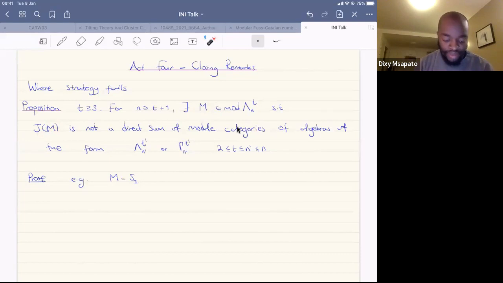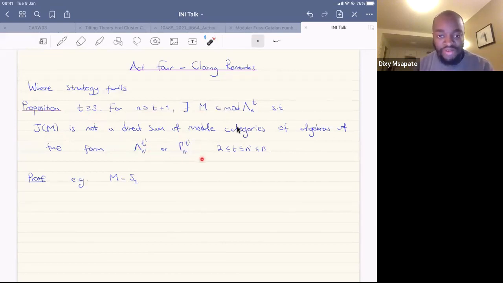And in all of our cases, the tau perpendicular category of M was just a direct sum of module categories of algebras of the form lambda m prime t prime, or the form gamma m prime t. In the other cases, particularly when t is greater than 3, n is greater than t plus 1, there exists some module M such that the tau perpendicular category of M is not a direct sum of module categories of algebras of the form lambda n prime to the t or gamma n prime to the t.